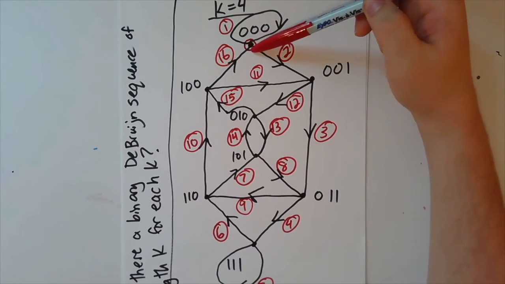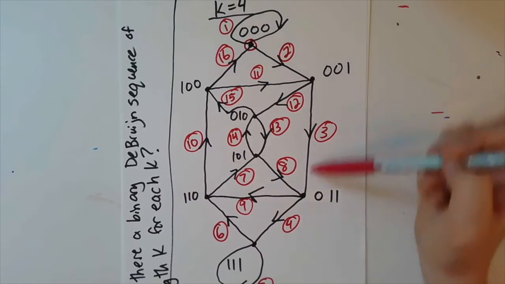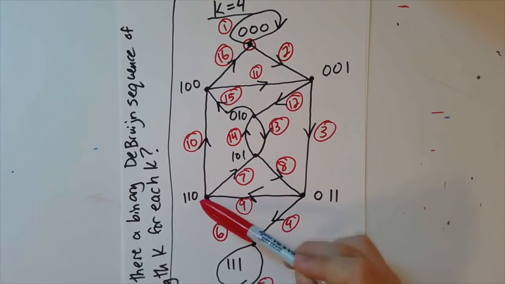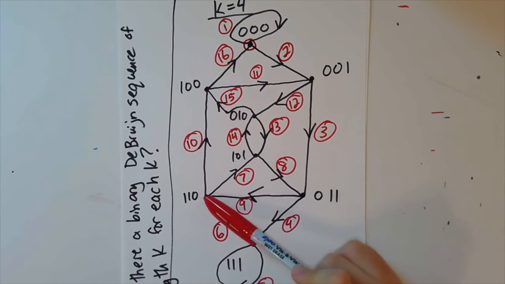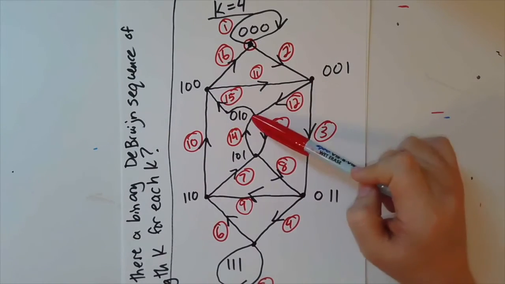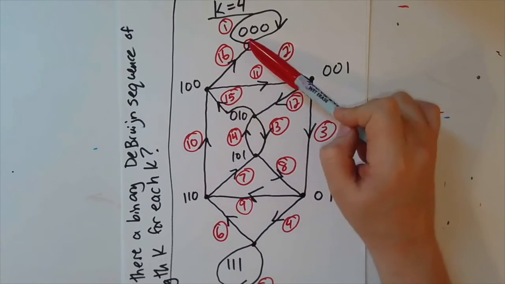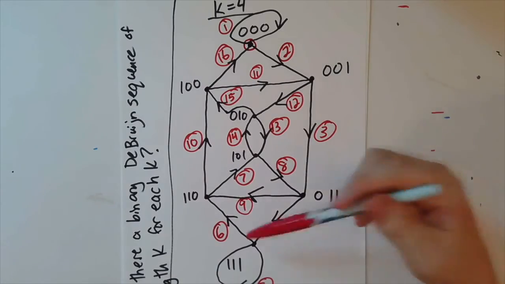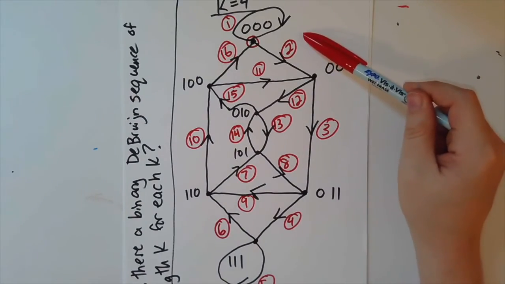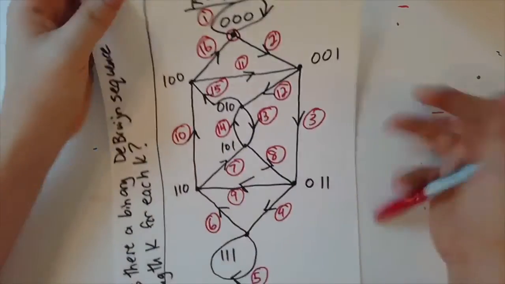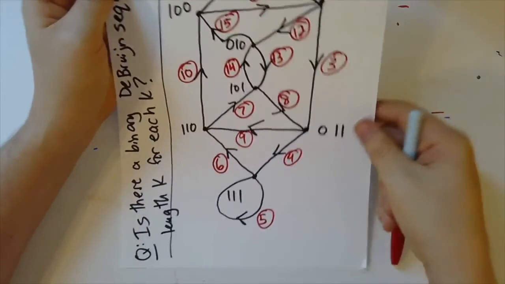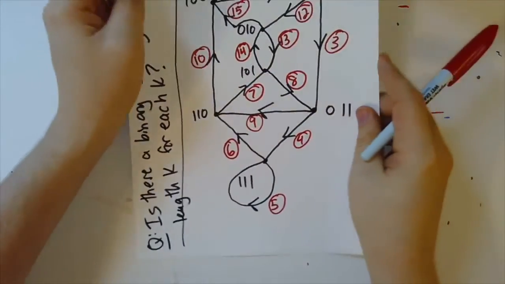So start here, loop around here, 2, 3, 4, 5, 6, 7, 8, 9, 10, 11, 12, 13, 14, 15, 16. And we knew there were supposed to be 16 edges, because the 16 edges were supposed to correspond to the 16 strings. And so that should give us a binary de Bruijn sequence.